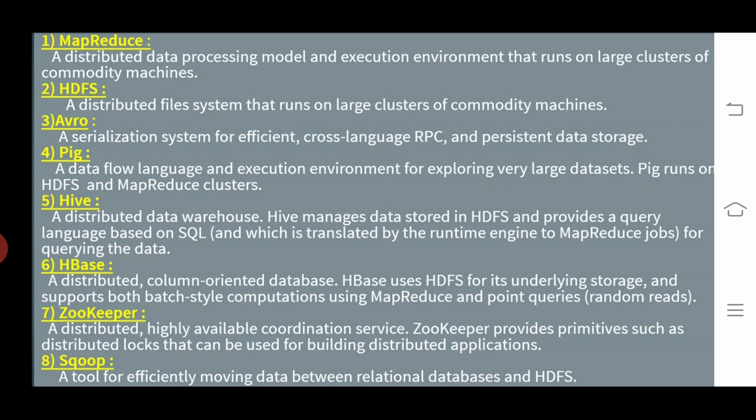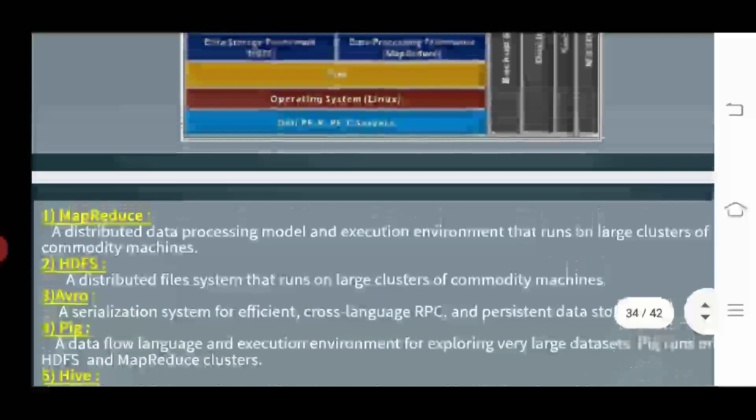Thus, the time to transfer a large file made of multiple blocks operates at the disk transfer rate. Now we have to learn that a disk has a block size.